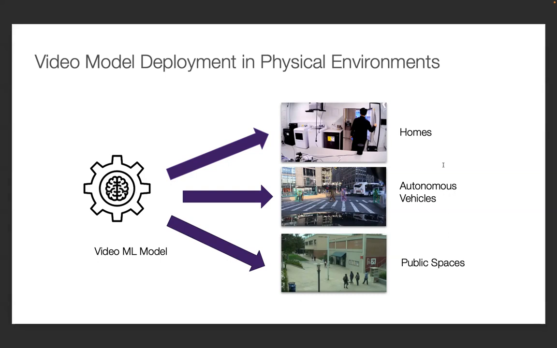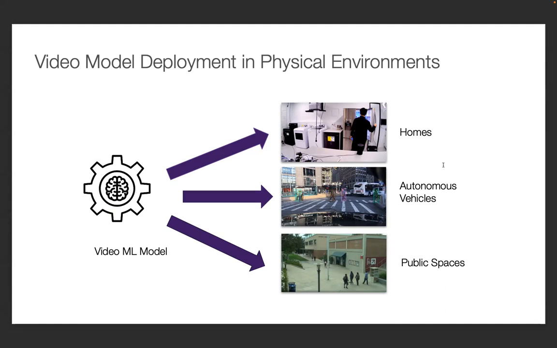For example, for just an object recognition model, we might be interested in tracking people in homes. We might be interested in using the same or a similar model for tracking pedestrians in an AV system.